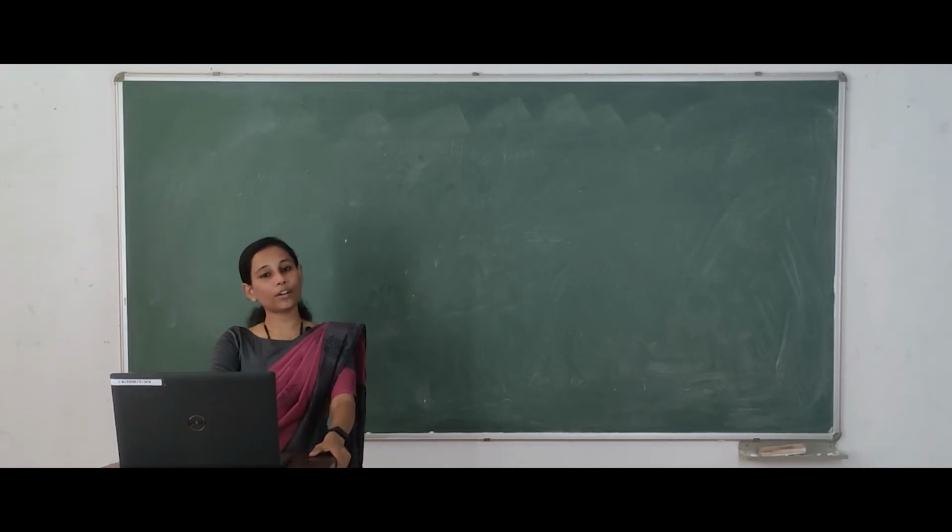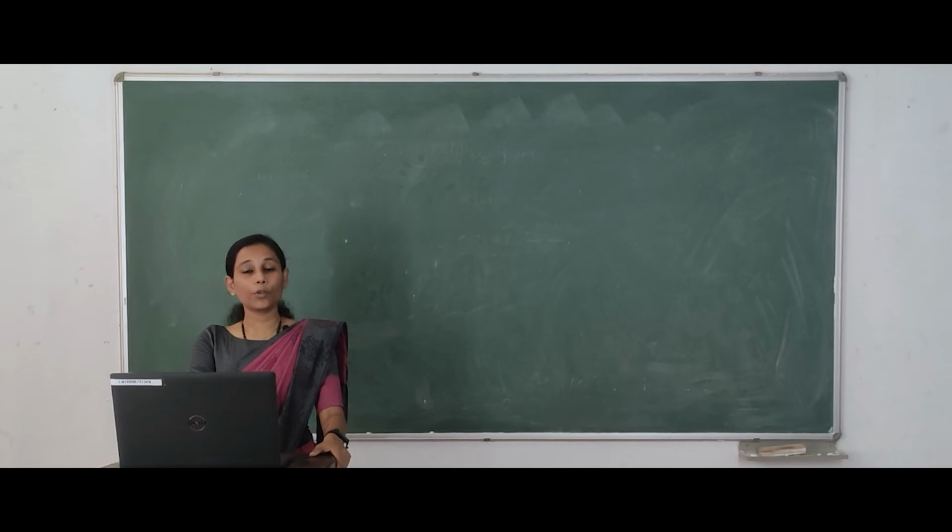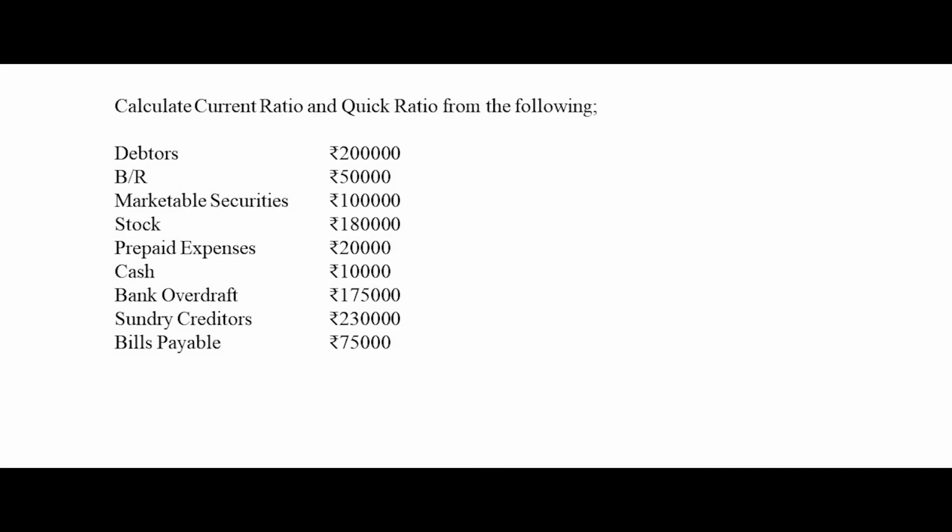Next, we are going to discuss the calculation of current ratio and quick ratio. Here you can see a question. Debtors rupees 2 lakh, bills receivable rupees 50,000, marketable securities rupees 1 lakh, stock rupees 1,80,000, prepaid expenses rupees 20,000.